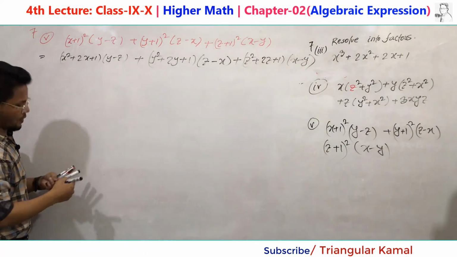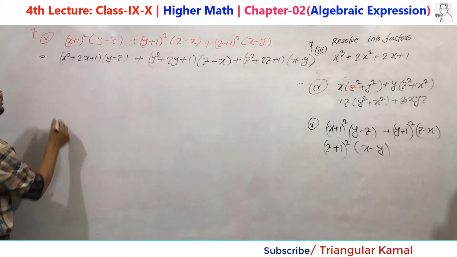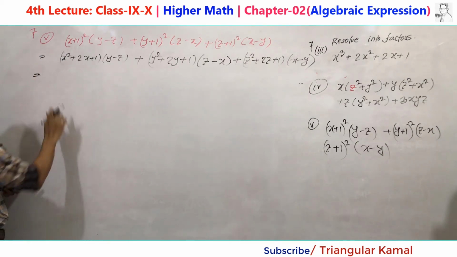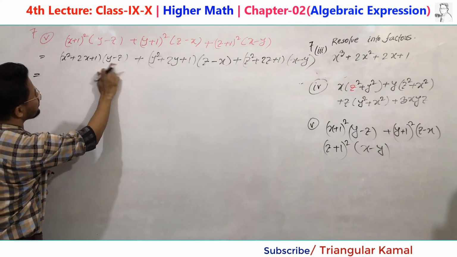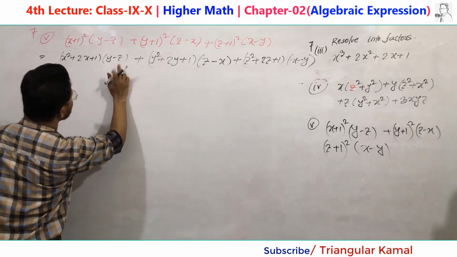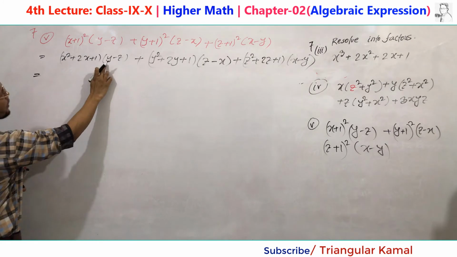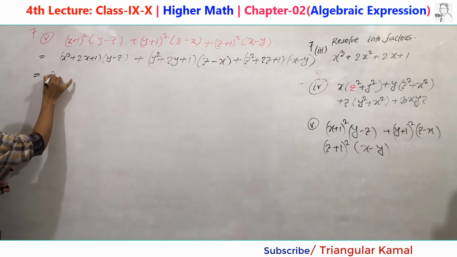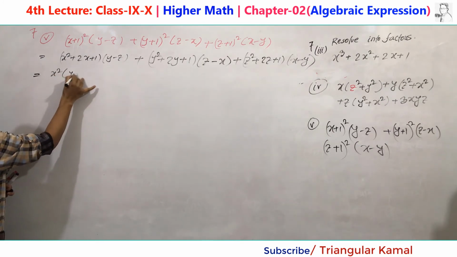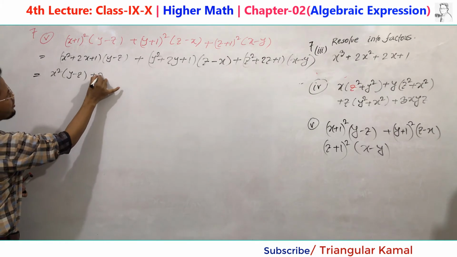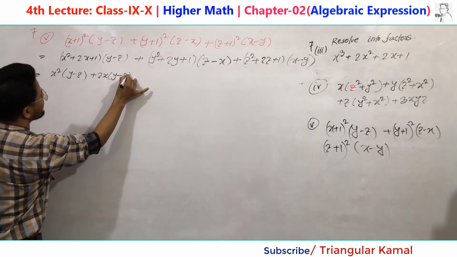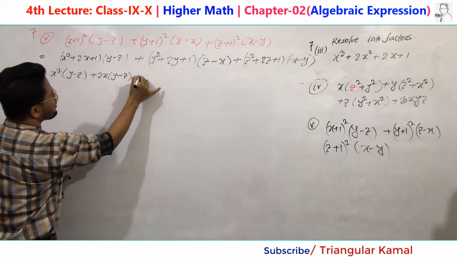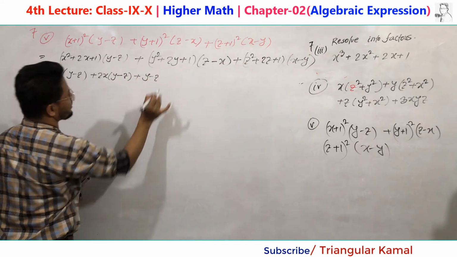Now do simple calculation here. First you can multiply x square with y minus z. Then twice x multiply with y minus z. Then plus 1 multiply with y minus z.